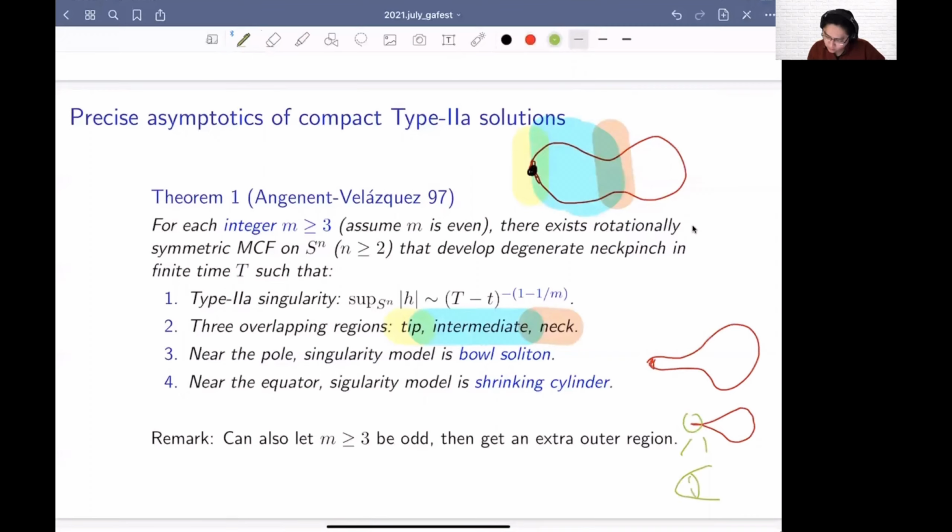Okay, in this case. So this is the statement by Angenent and Velázquez. And this concludes part 1 of this talk. And then in the second half, we will look at mean curvature flow solutions on non-compact hypersurfaces with a type 2 curvature blow-up.